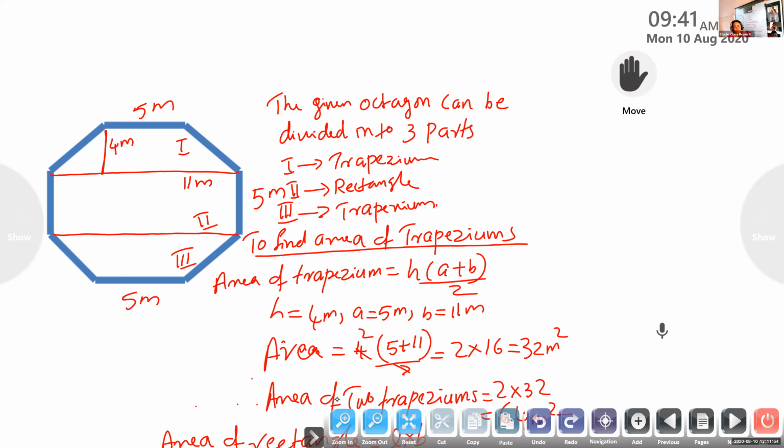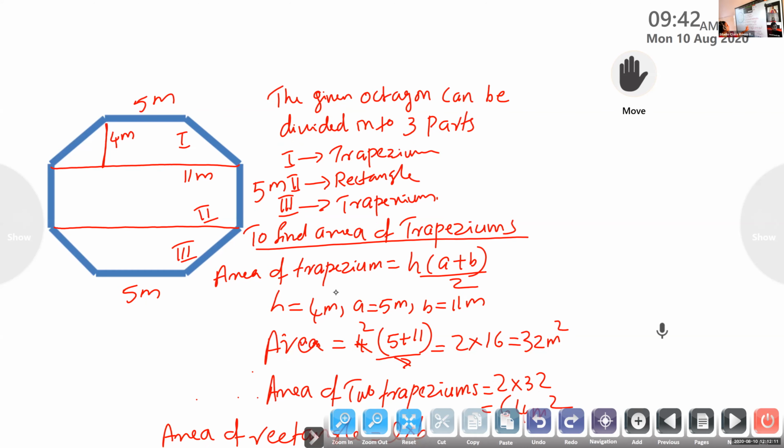So here we divide the given octagon into 3 parts. 2 are trapeziums and one is a rectangle. The dimensions for finding their areas are given in the question. First we find the area of the trapezium.